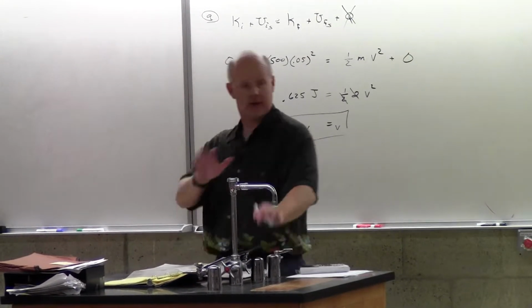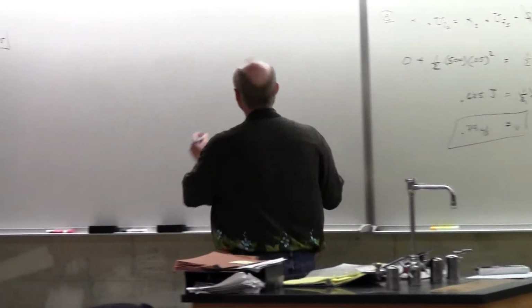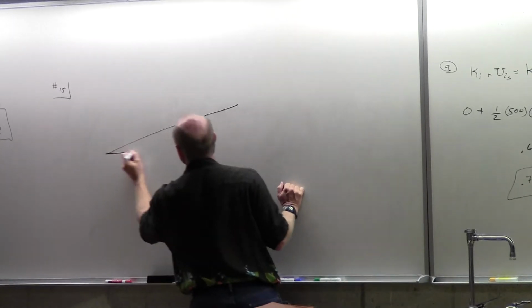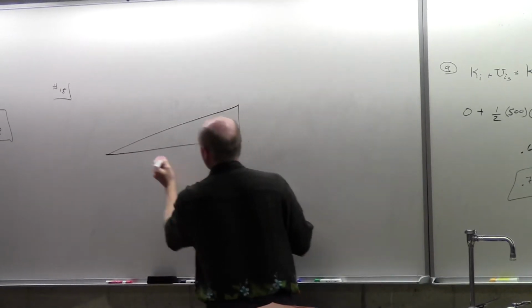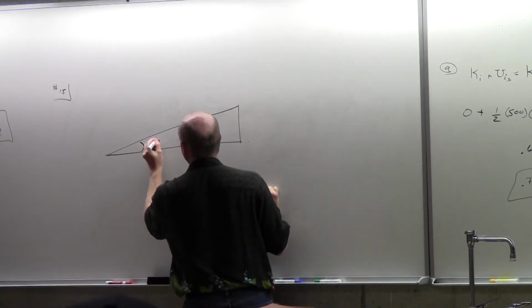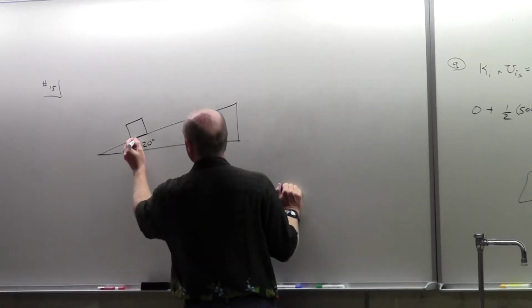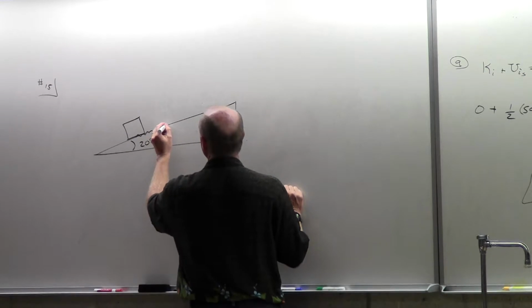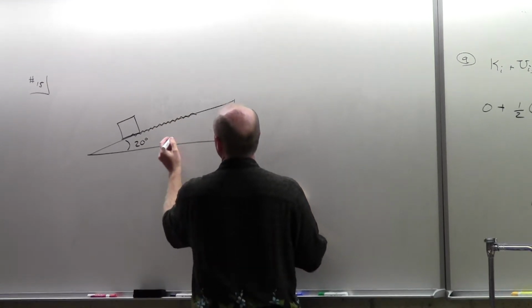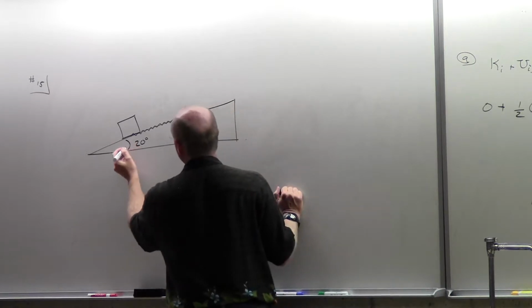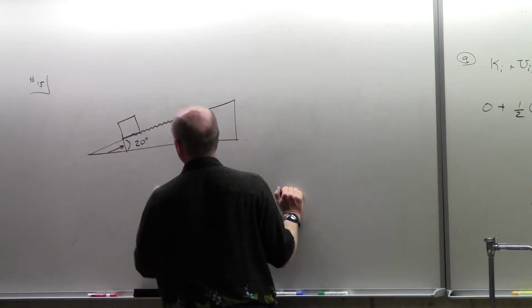A. Well, I'll stop there. Let me draw a picture here. Okay, so it sounds like here we've got this incline. The incline is set at 20 degrees. Here's that crate. The surface is rough. We're going to end up pulling it 5 meters up.